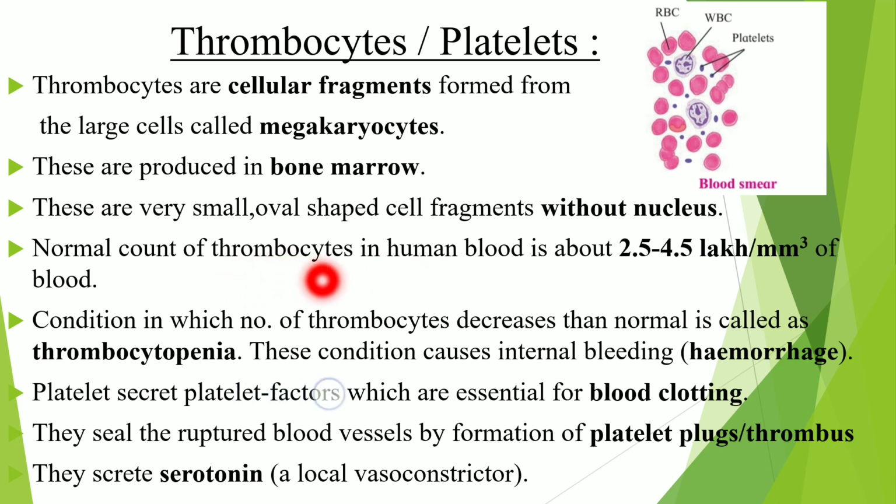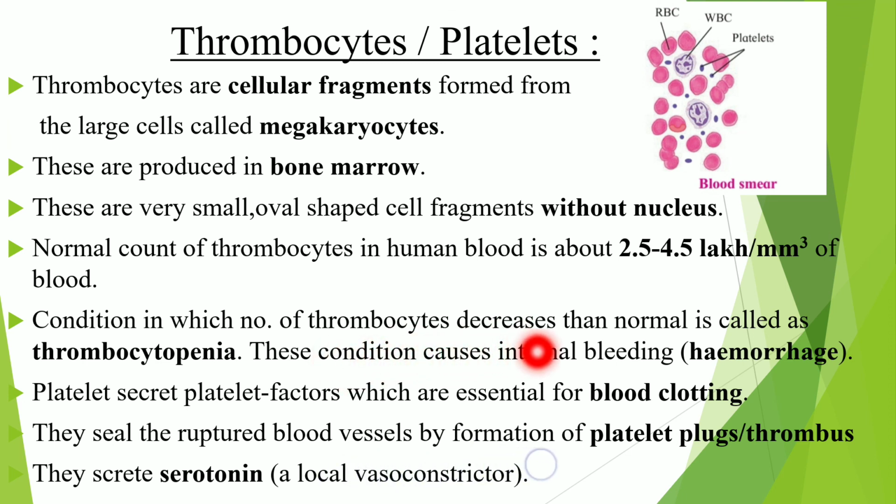So the normal count of thrombocytes in human blood, how many? It is 2.5 to 4.5 lakh per cubic millimeter of the blood. Then the condition in which thrombocytes decrease from the normal level is called thrombocytopenia.